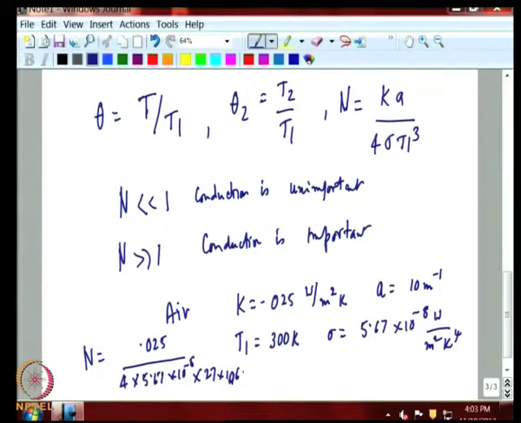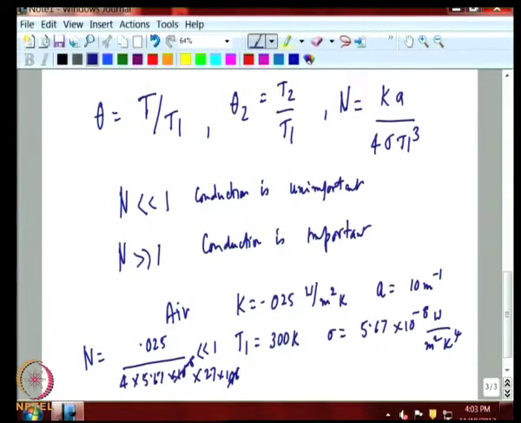Now, this will roughly come out to be of the order of 1/10. This is fairly small. So, what we see very interestingly is that even at room temperature, for a gas like air, the chance that conduction will be important is not very large.